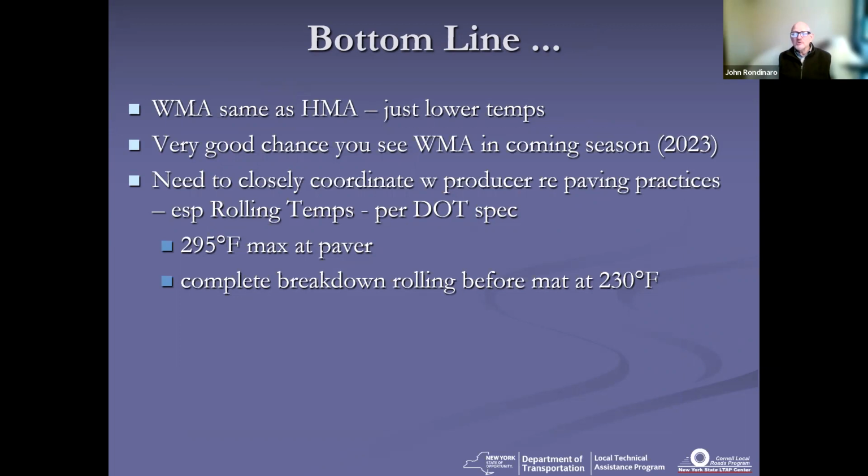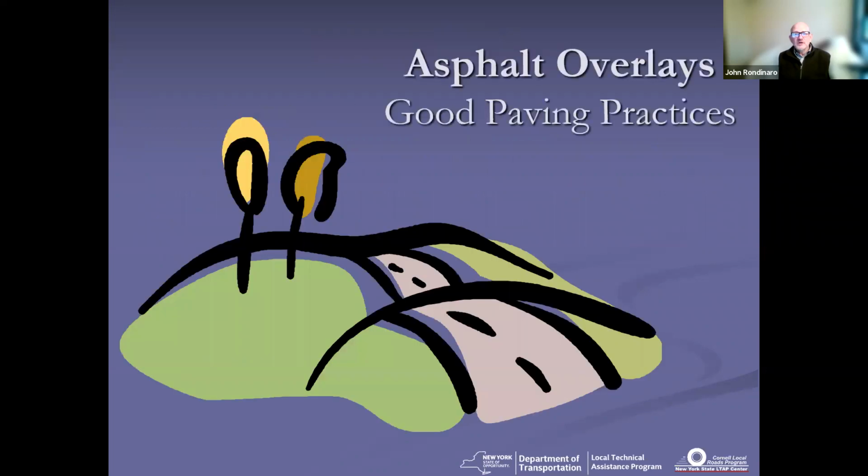A lot of the producers are moving over to warm mix. You need to closely coordinate with the producers regarding any kind of paving that you're taking on. And that's especially important regarding your rolling temperatures because, again, per the DOT spec, you're looking at 295 Fahrenheit max at the paver, but you also need to be completing all your breakdown rolling before the mat reaches 230. So 2 important temperature limits you need to be keeping track of.